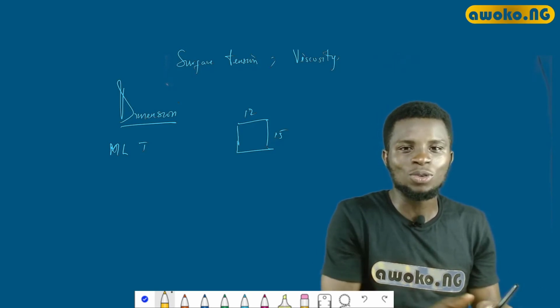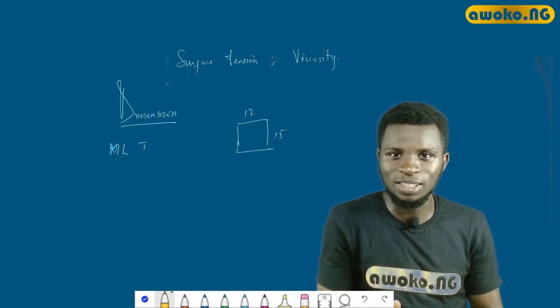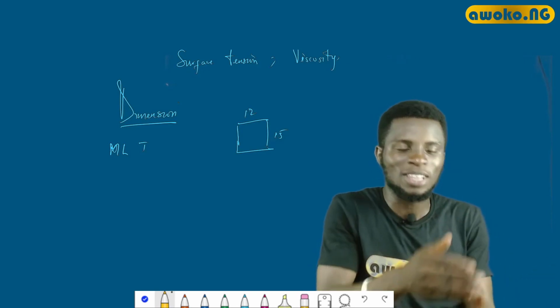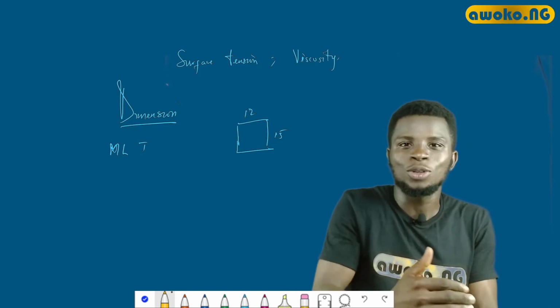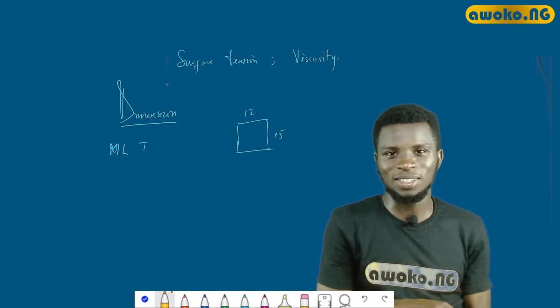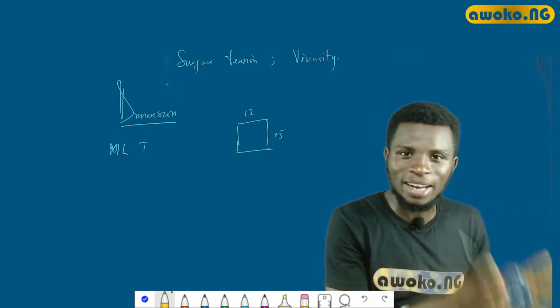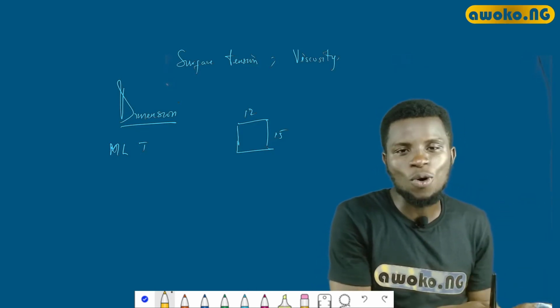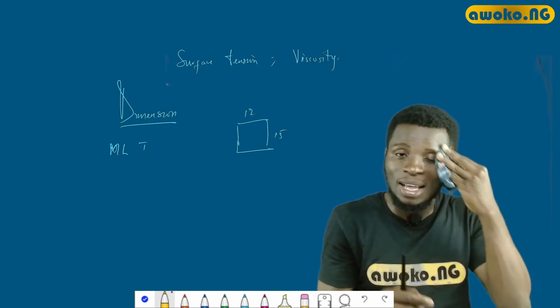Dimension shows us how these physical quantities are related. Is that okay? So analysis shows us the stepwise approach to relating these quantities. Having understood what dimensional analysis is, we can go over to the applications of dimensional analysis.